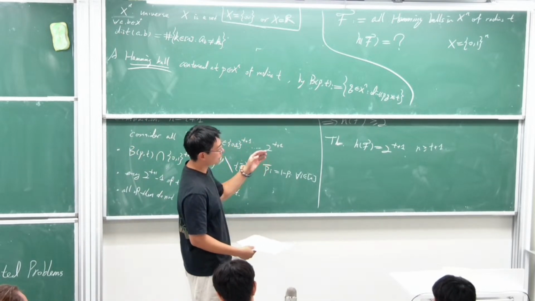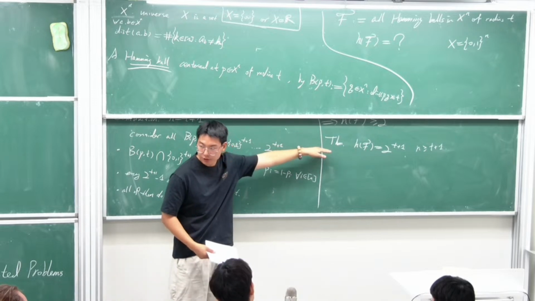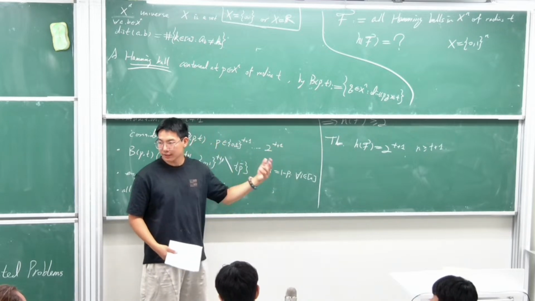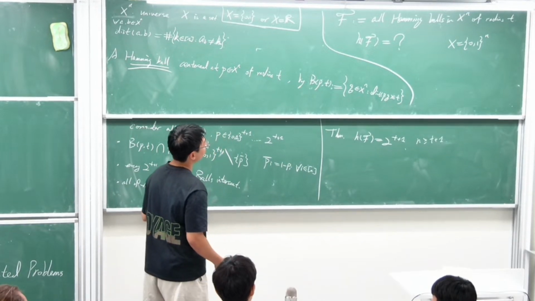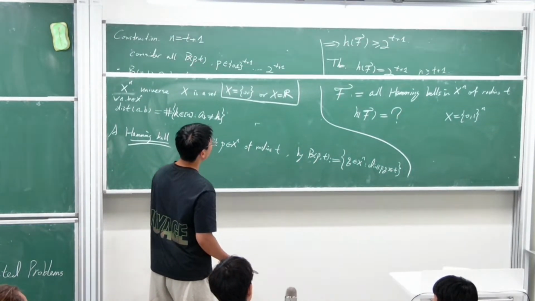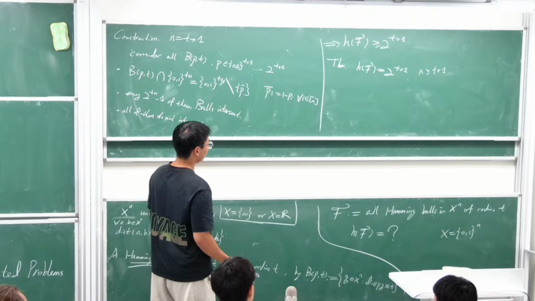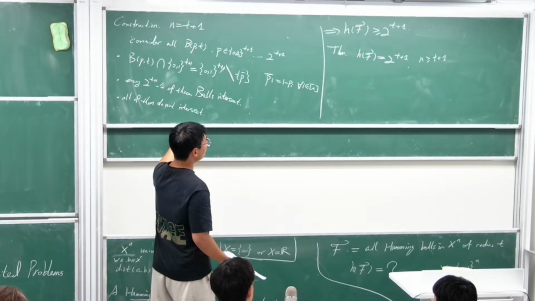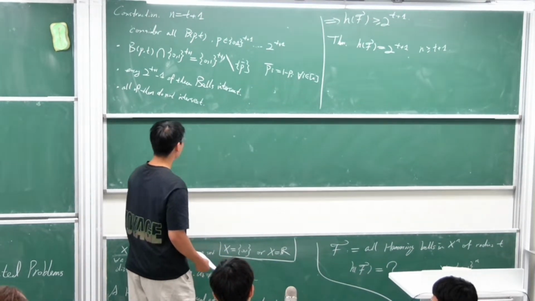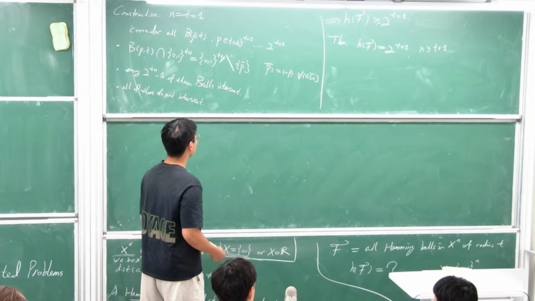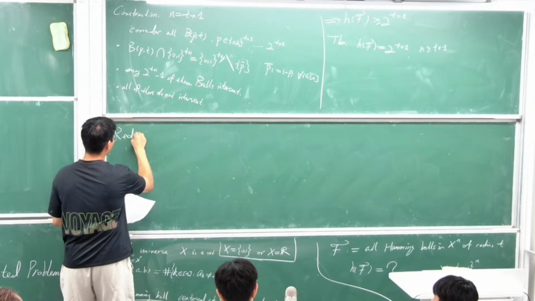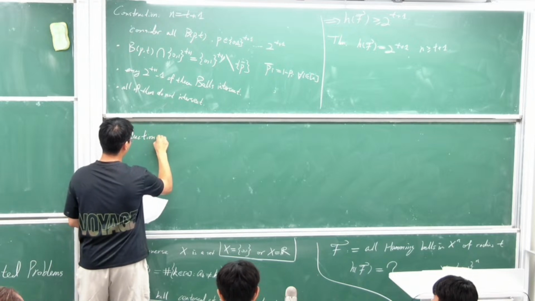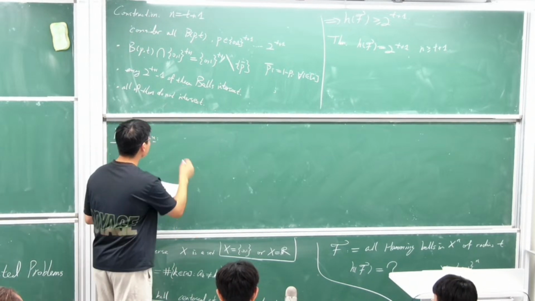So let me first give a reduction step from the upper bound of this, to something that might look more familiar to us. So what does it mean?